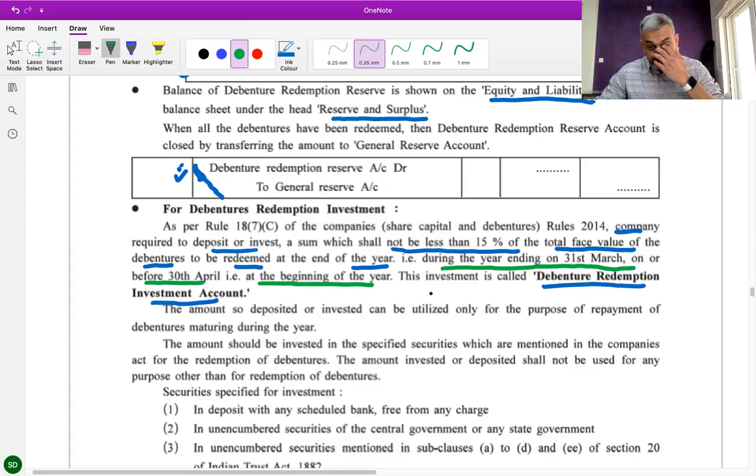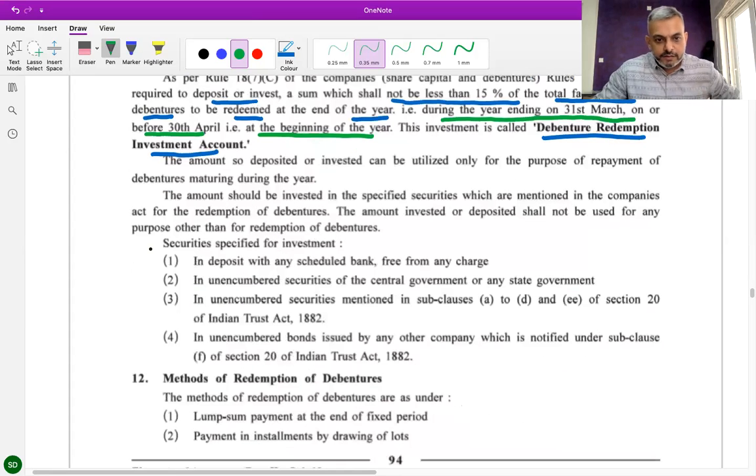So please mark this. Now, this amount we are investing, we have to use it only for the purpose of repayment of debentures. Now, where can we invest them? They can be invested in all of these. So any deposit in any scheduled bank free from any charge, free from any charge का मतलब है it should not be mortgaged somewhere, unencumbered यानी उसके ऊपर भी कोई mortgage या किसी और का right नहीं होना चाहिए, central government, state government securities.